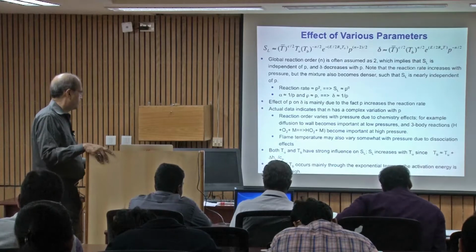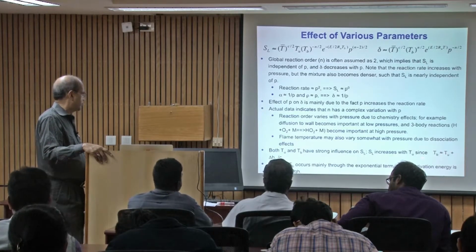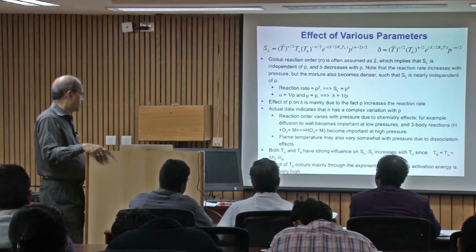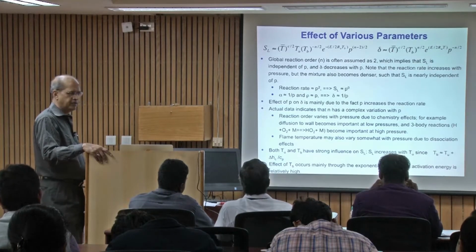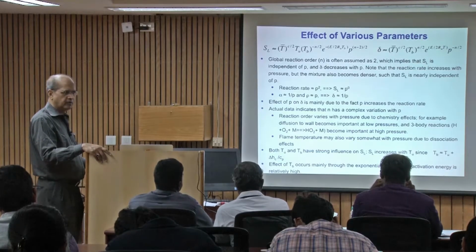So this directly tells you the effect of unburnt mixture temperature. And as we indicated just now, effect of TB, this is the adiabatic flame temperature. This comes through the exponential term.